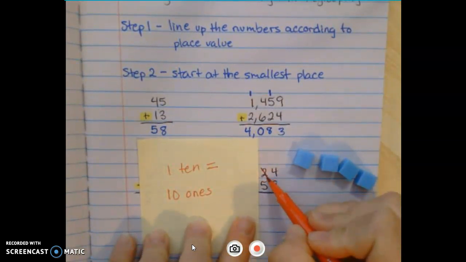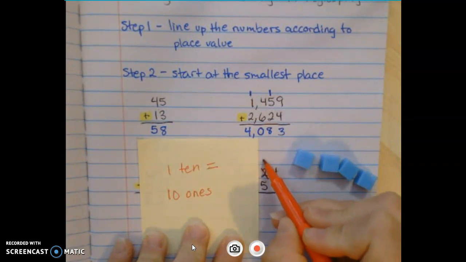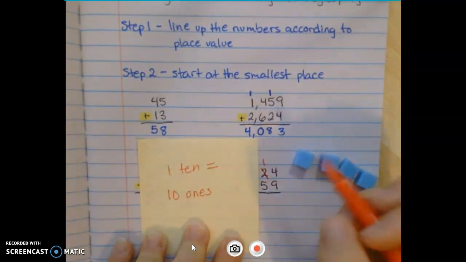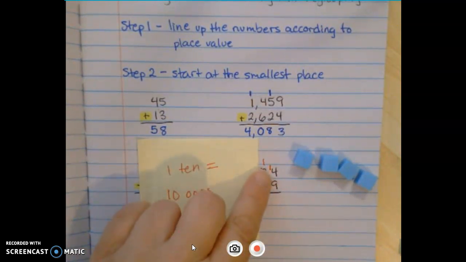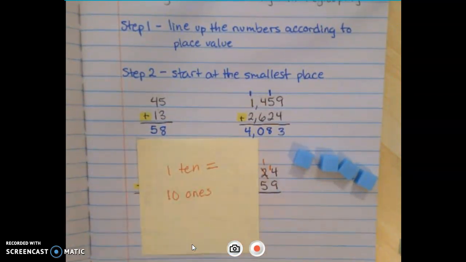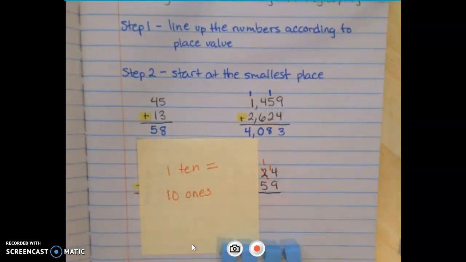So this 2 here, representing 2 groups of 10, is going to change to just one group of 10 because he's going to give the ones place a group of 10. So we have 10 ones and 1 ten. So if I do that, let's look at these place value blocks. I had my 4.